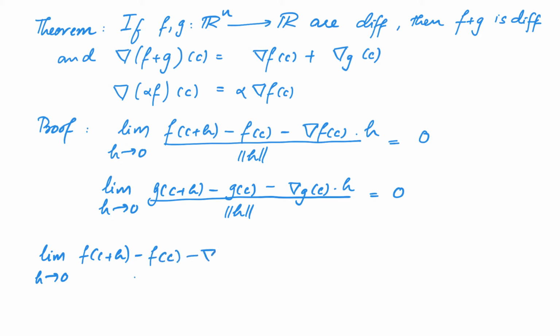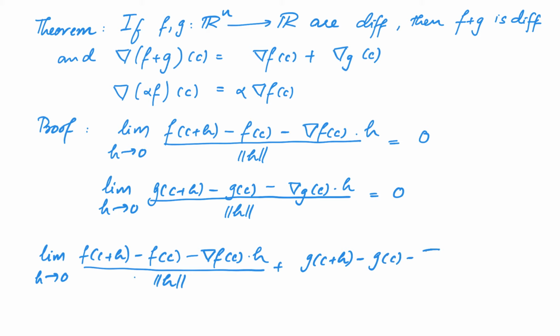More precisely, we can conclude that the limit as h tends to 0 of (f(c+h) - f(c) - grad f(c)·h)/‖h‖ plus (g(c+h) - g(c) - grad g(c)·h)/‖h‖ should be equal to 0.